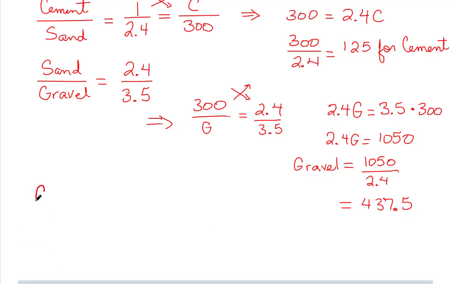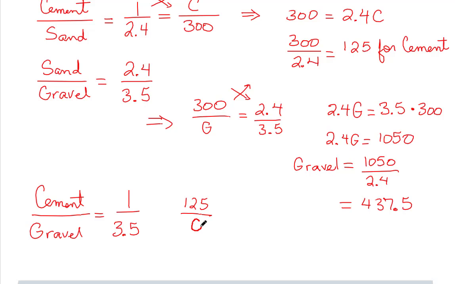Now, if you wanted to also use the ratio of cement to gravel, you could do that too. We didn't need that, but if you wanted to go that route, cement to gravel, well, what was that ratio? Well, 1 to 3.5. And so you could fill in the answer we got for cement, which was 125.